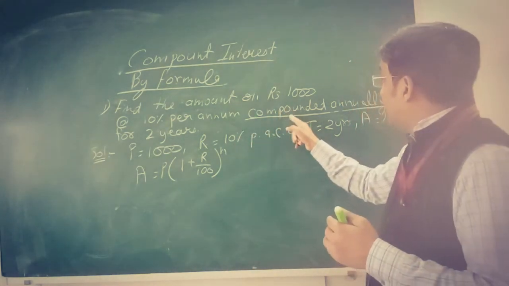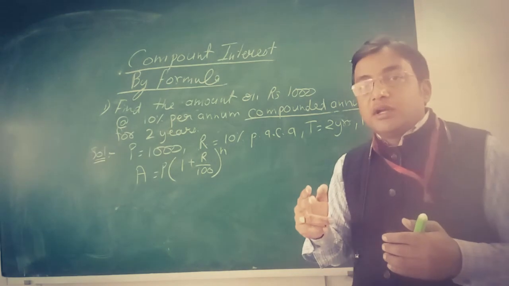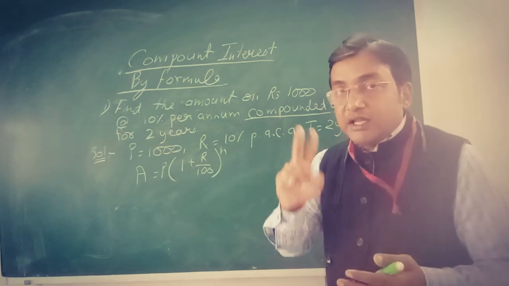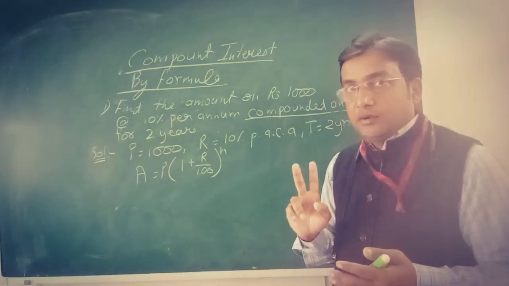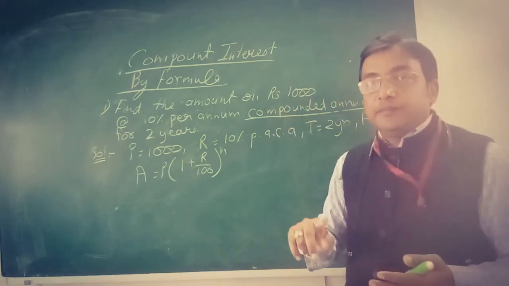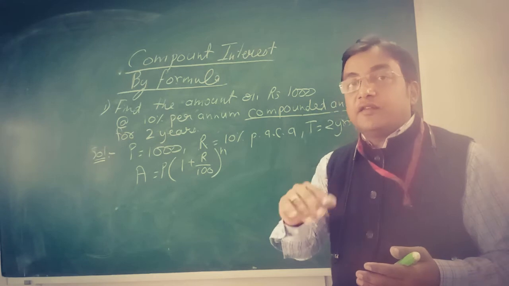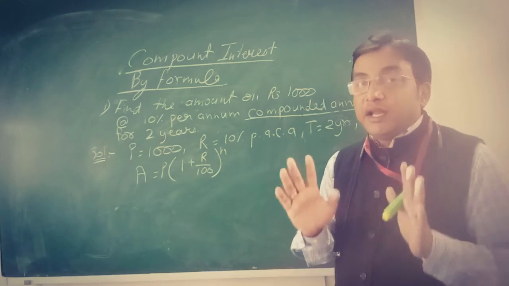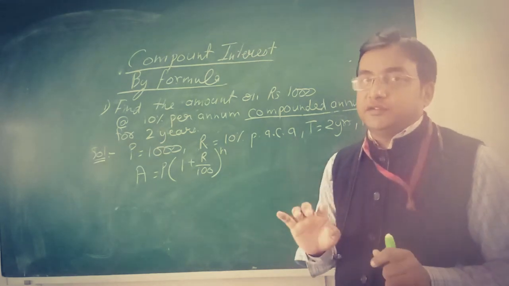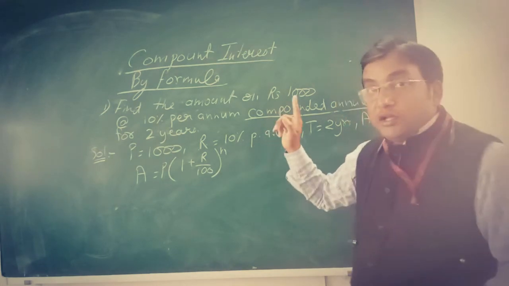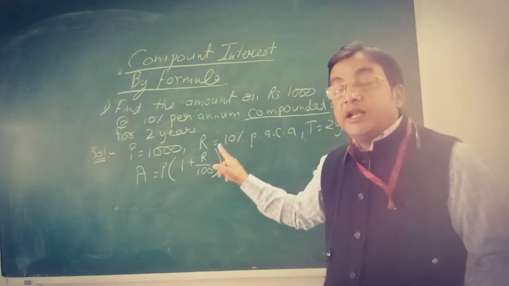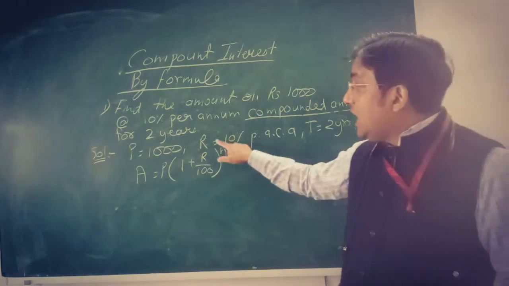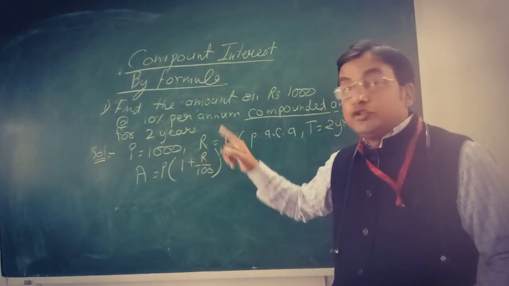If it is compounded half yearly, you get interest after every 6 months, so in a year you get interest 2 times. If it is compounded quarterly, you get interest after every 3 months, so in a year you get interest 4 times. So your R and n will change according to this. Here, R and n should be annual.